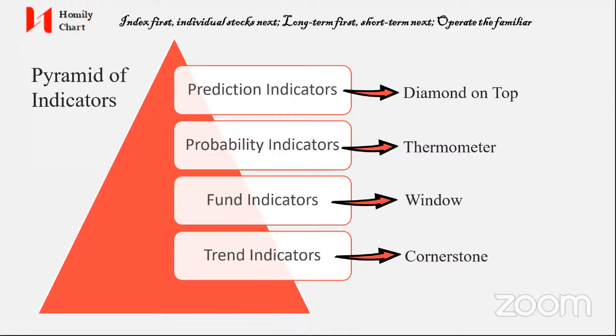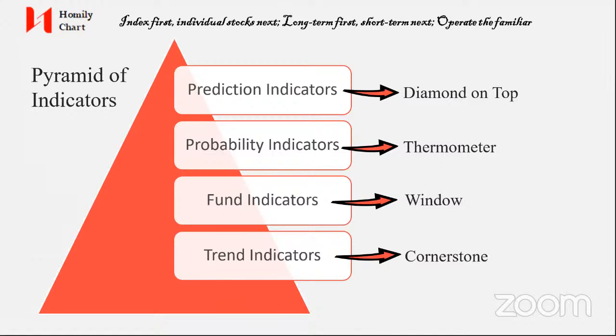The enthusiasm is too high, right? So then it's overheated. And then if the price dropped a lot and it's quite bearish, then it's oversold, right? So the market is very cold.